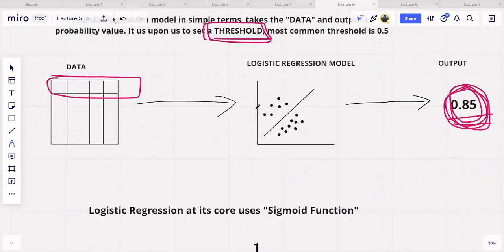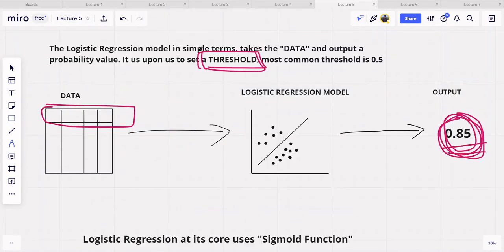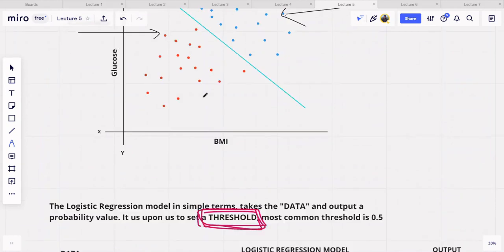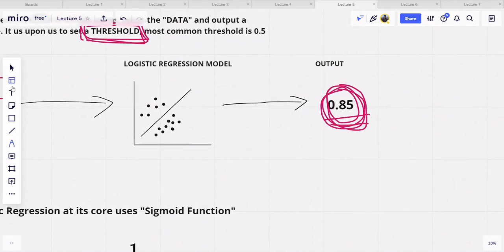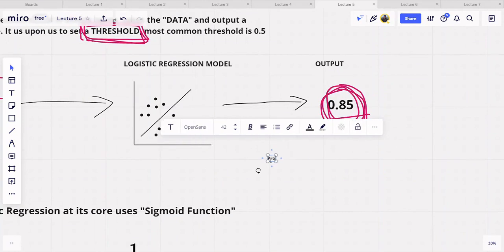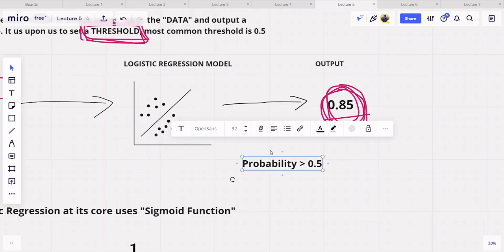The model will only output a probability value. Now it is upon us to decide if that patient has diabetes or not. So for example, we can say that if the probability is greater than 0.5, then the person has diabetes.